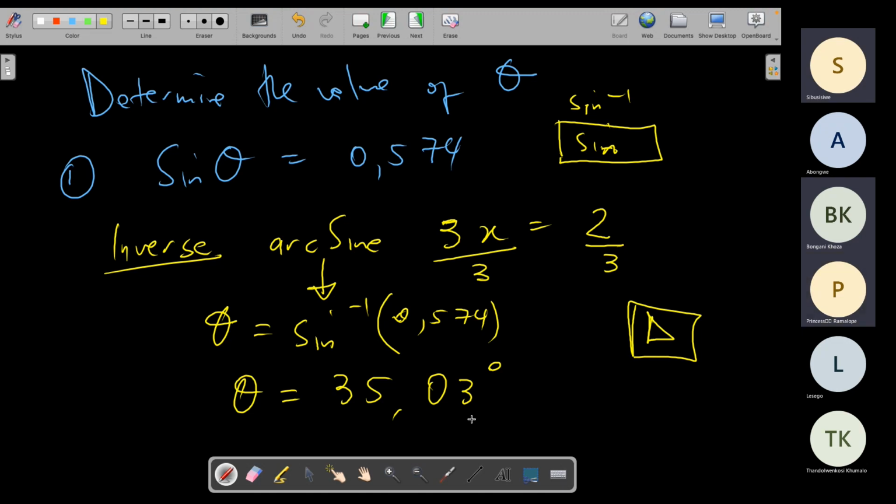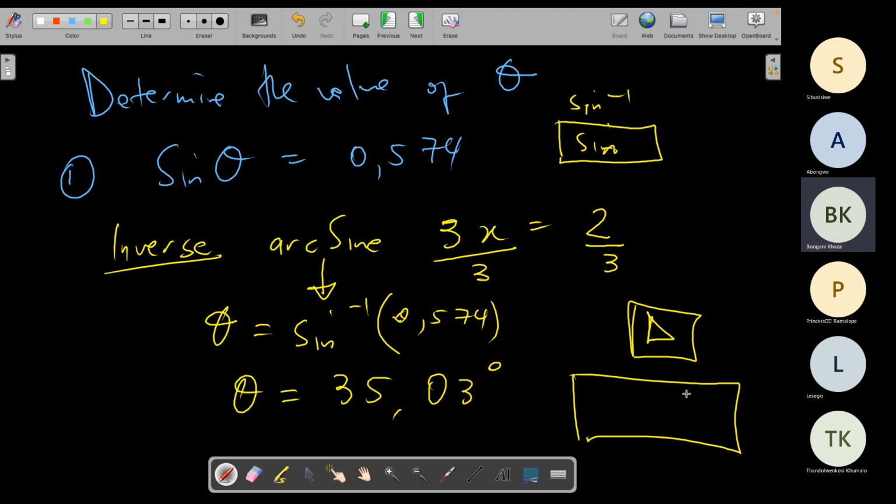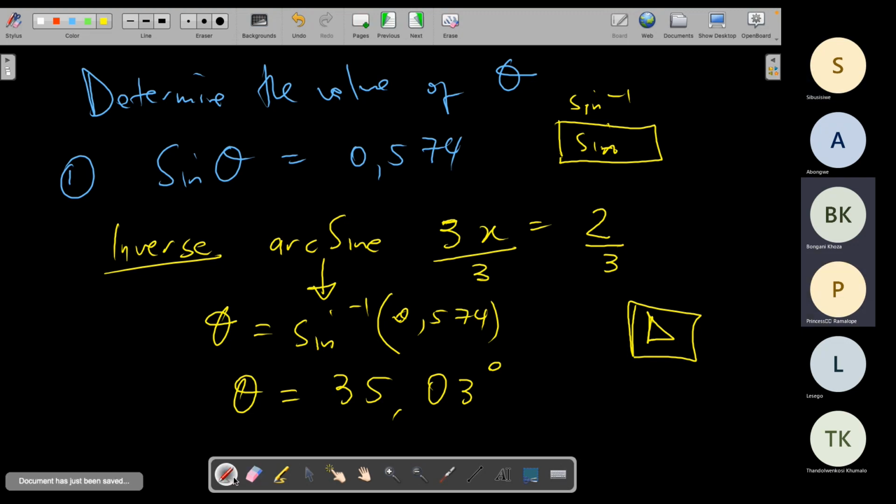It's on top of the screen. As you go on with your maths, maybe get to varsity and whatever, you start switching to using R instead of D. But for now, we're going to keep on using D.